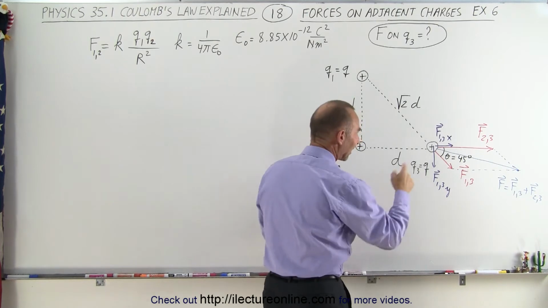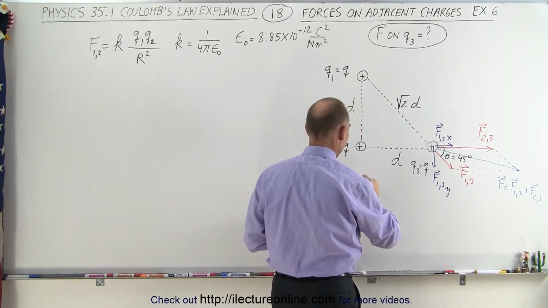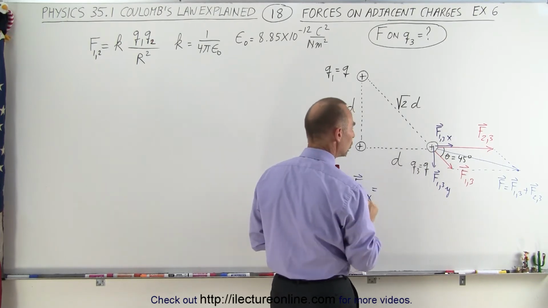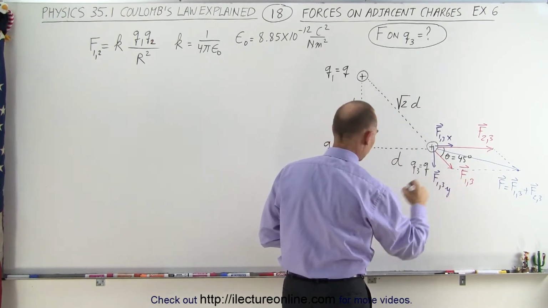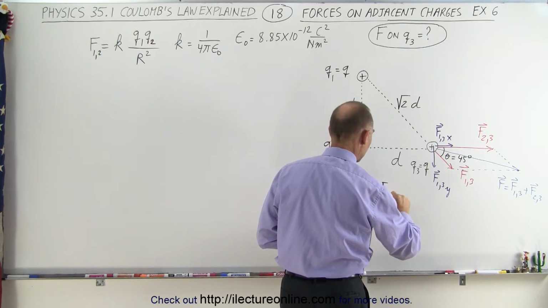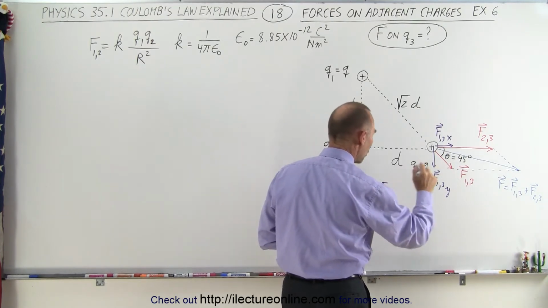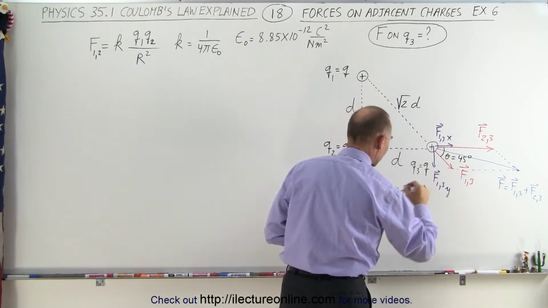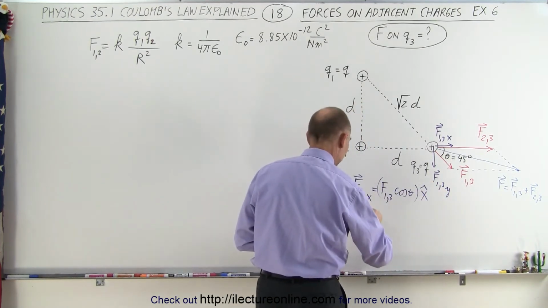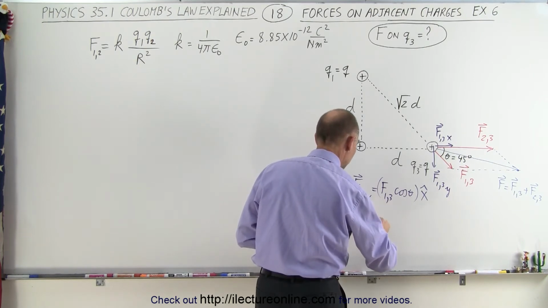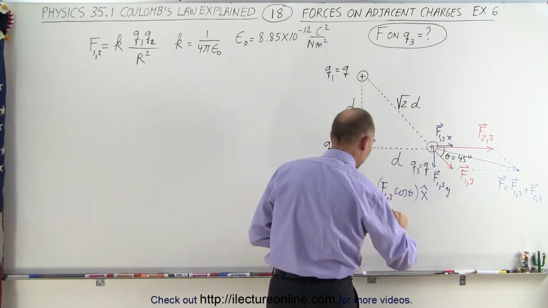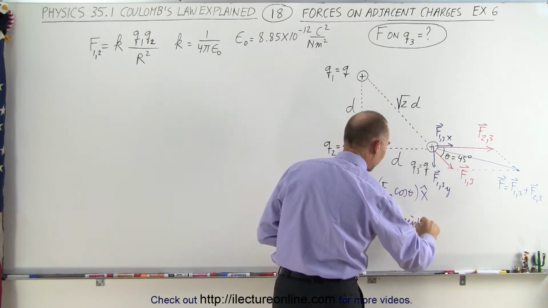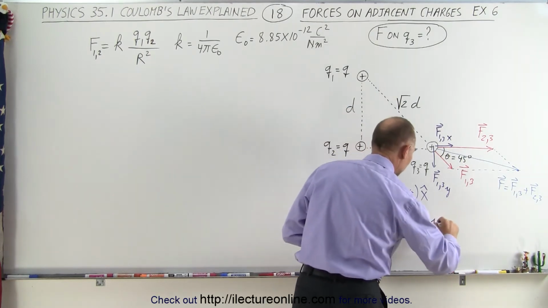So to find the x component of that, we can say that F13 in the x direction is equal to the magnitude of the force, F13, times the cosine of the angle between them. And of course, that would be in the x direction. For the y direction, F13 in the y direction is equal to the magnitude F13 times the sine of the angle theta, and that would be in the y direction.